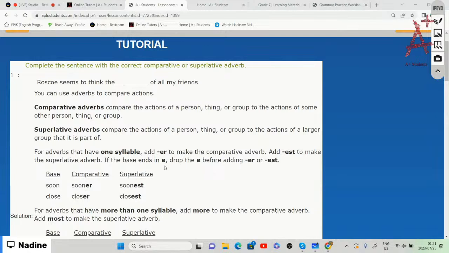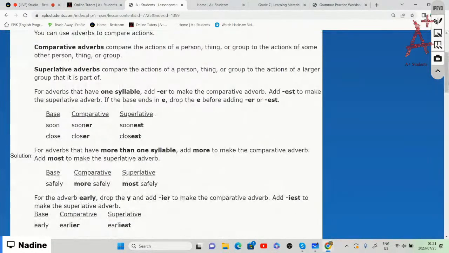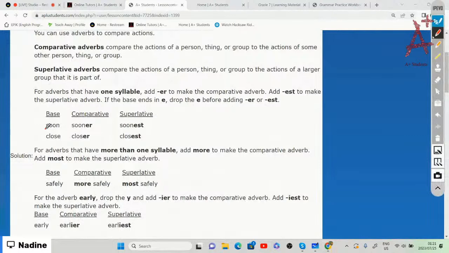And examples that we have, right? So our base word, for example, is soon. That's the base word that stands on its own. Now, if we were to compare that, the comparative, then it will be sooner. Superlative, comparing it to a larger group, is soonest, EST.